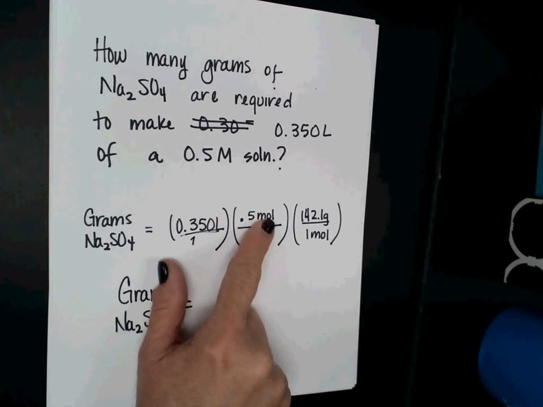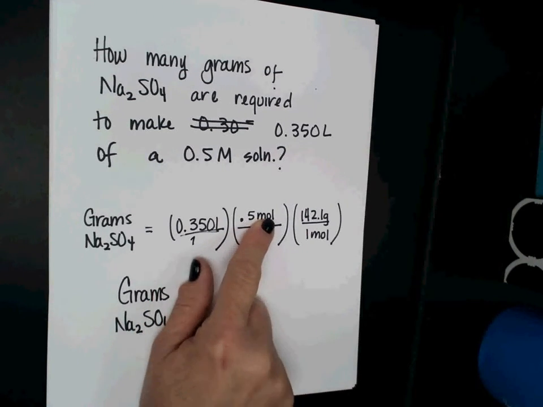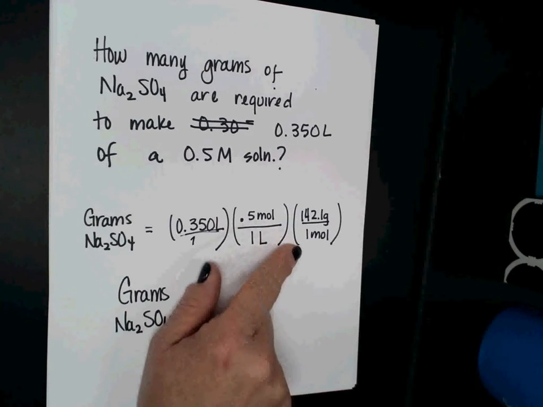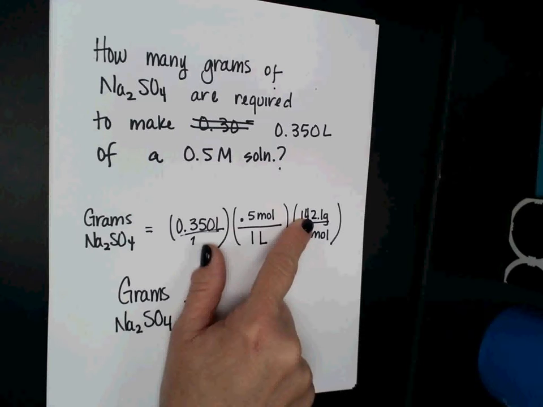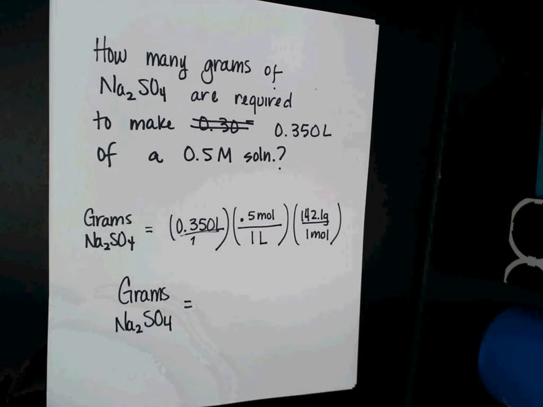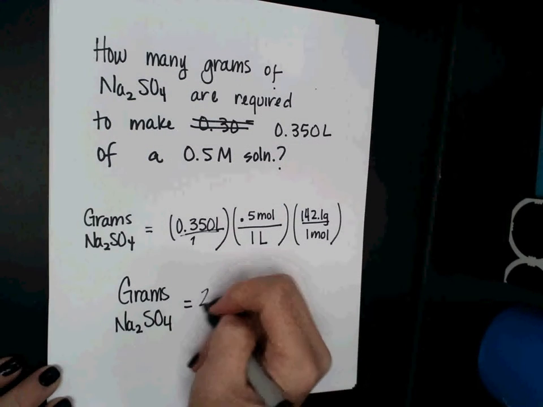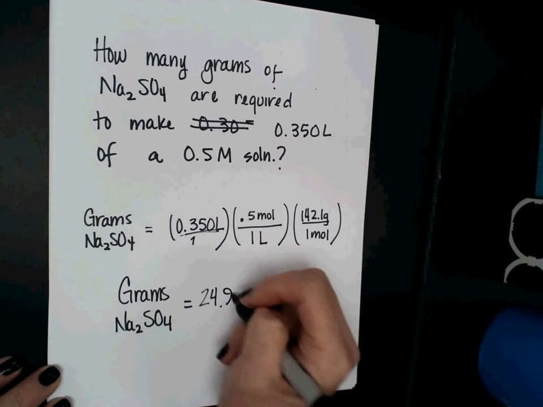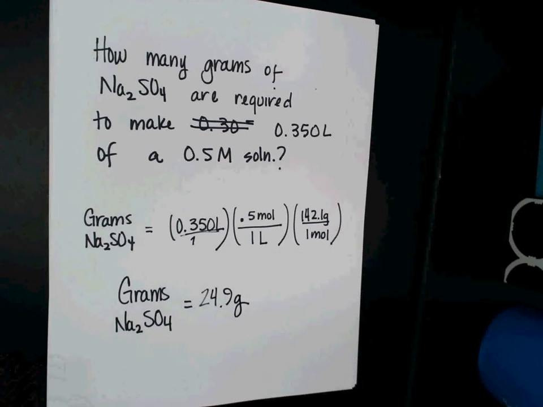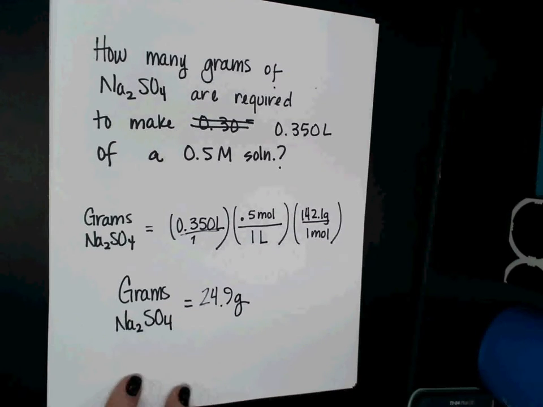Once I got my liters canceled out, then I could use my mole up here to make my simple stoichiometric equivalency of moles to grams, and then use that to get my grams. And my grams, I didn't write it down, but it was 24.9 grams, I believe. Is that what you said, Colin? Yeah.